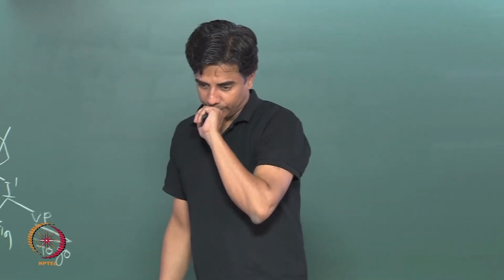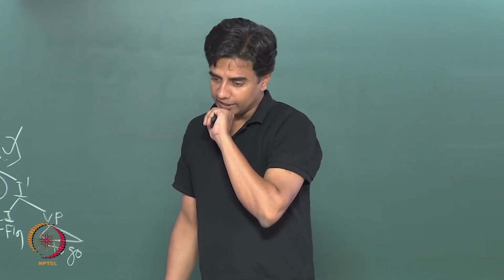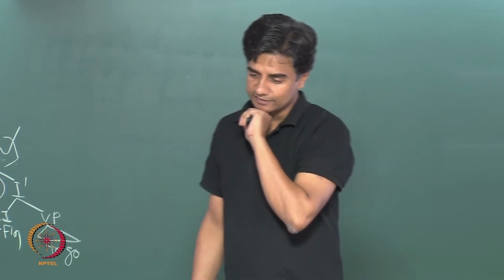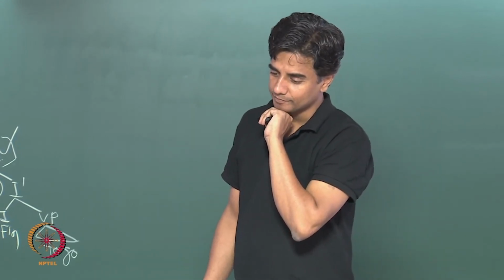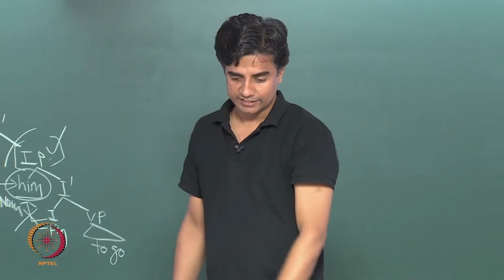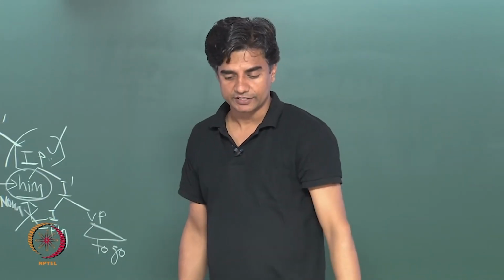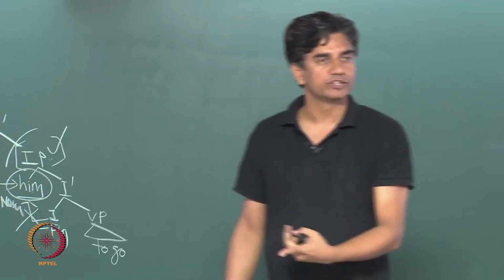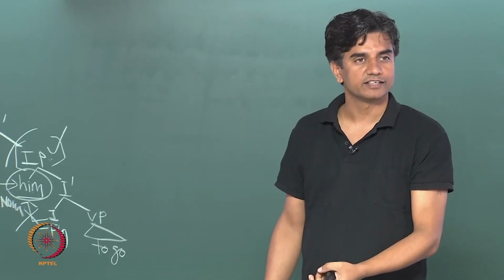So, John and him have accusative cases, being in spec IP of the complement clause. How do they get accusative cases? Did we solve this question? We understand?